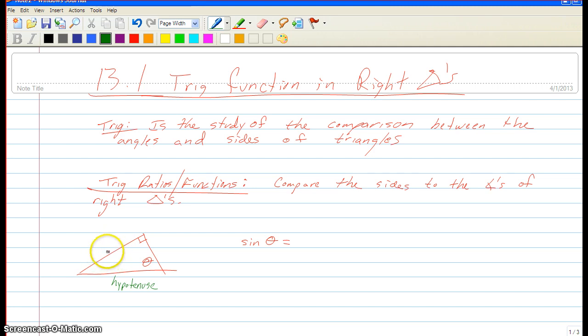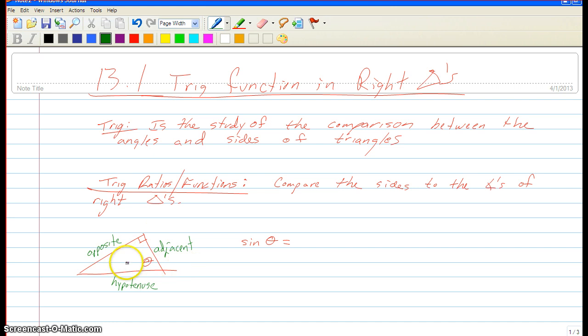We name that the opposite, the one that's across from the angle. And then this one right here, what is that one? Adjacent. The adjacent side is the one that's connected to the angle that is not the hypotenuse.